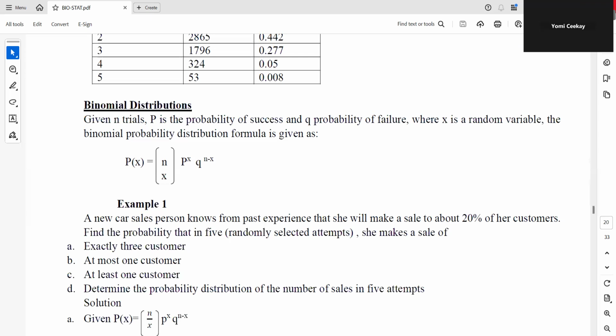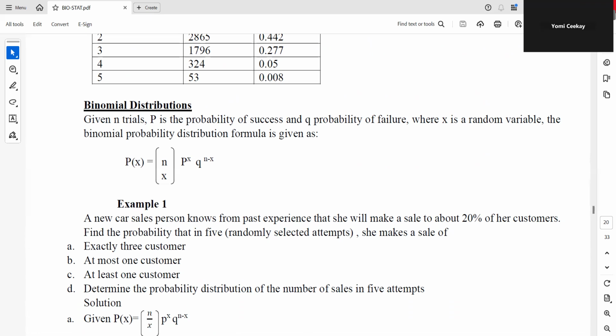Where X is a random variable, the binomial distribution formula is given as P of X equals n combination X, P raised to power X, Q raised to power n minus X. That is n combination X times P raised to power X times Q raised to power what? n minus X.